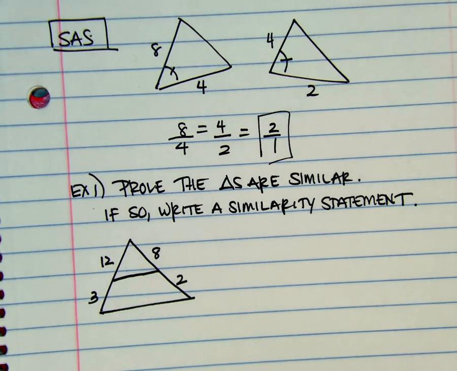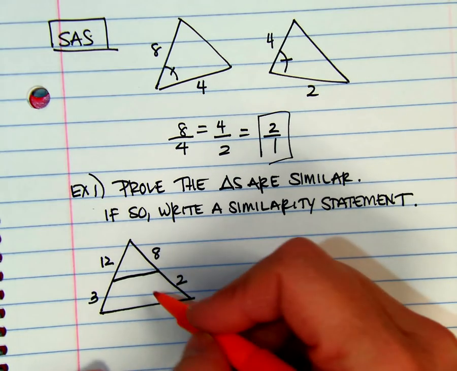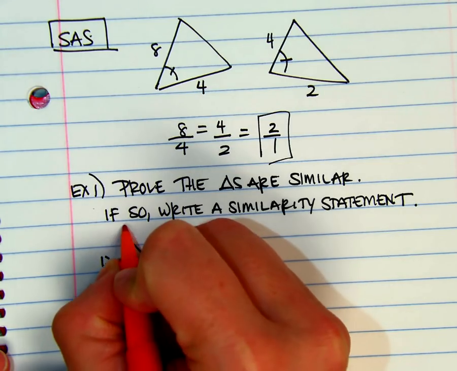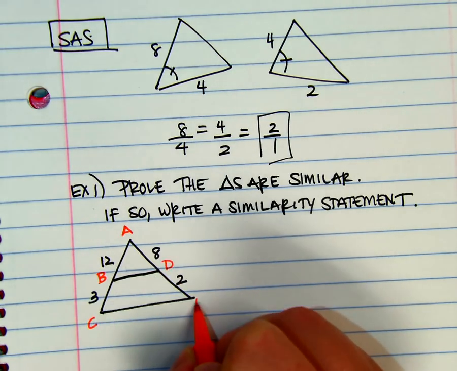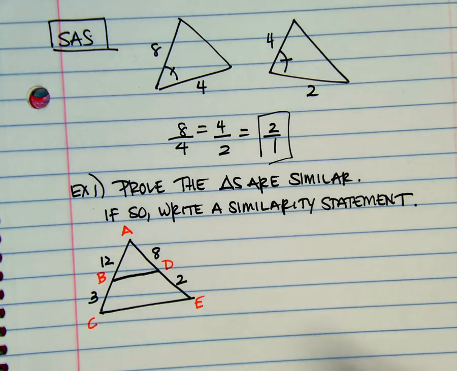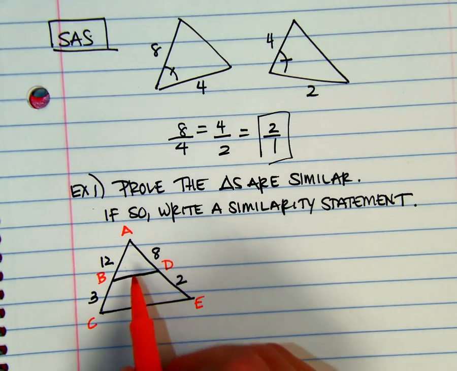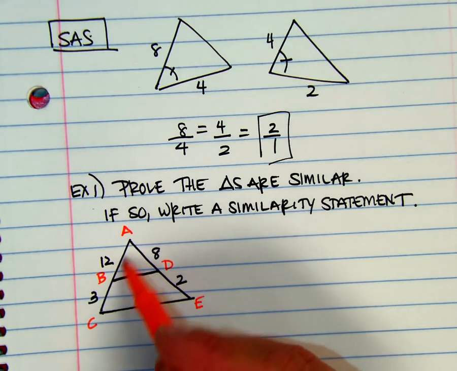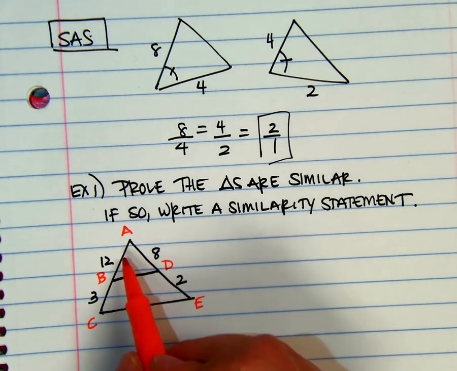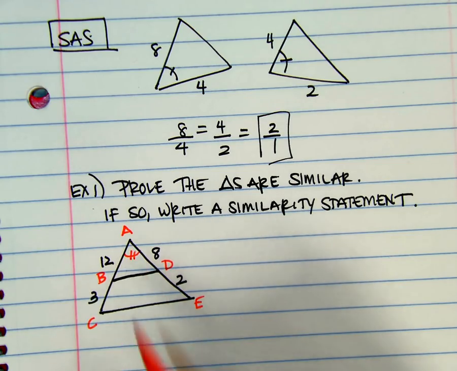Okay, this one incorporates that reflexive property. So in the triangles, let's make this A, B, C, D, and E. This small triangle shares the angle of this bigger triangle, so they both have that angle, so that is the congruent included angle.